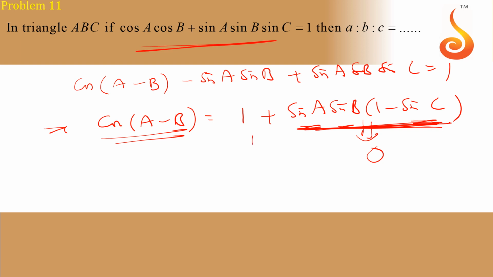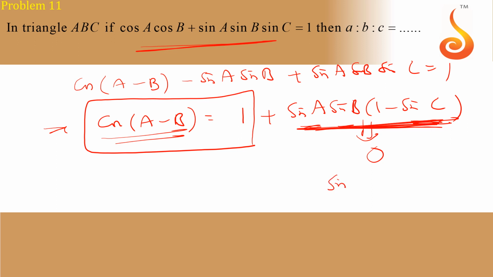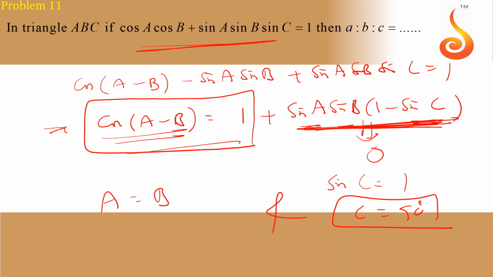When this quantity is 0, cos of A minus B will become 1. So when this quantity will become 0, when sin C equal to 1, that is the angle C must be 90 degrees. Then automatically what happens? A equal to B, because A minus B is 0. Therefore, which type of triangle is it? Right angle isosceles.